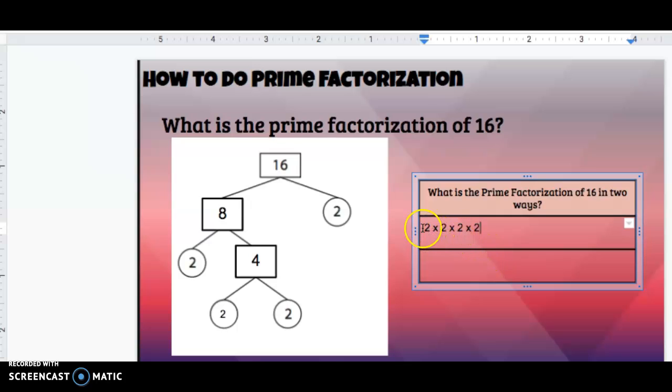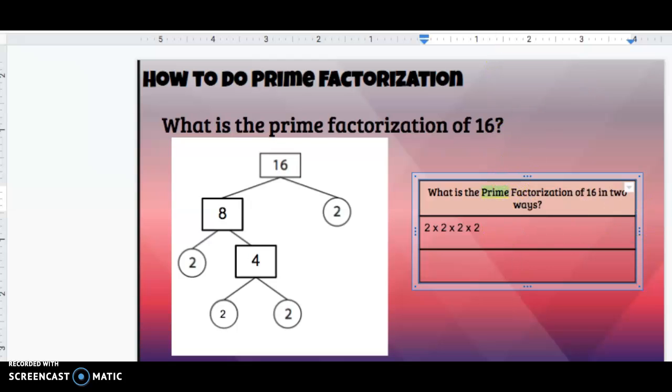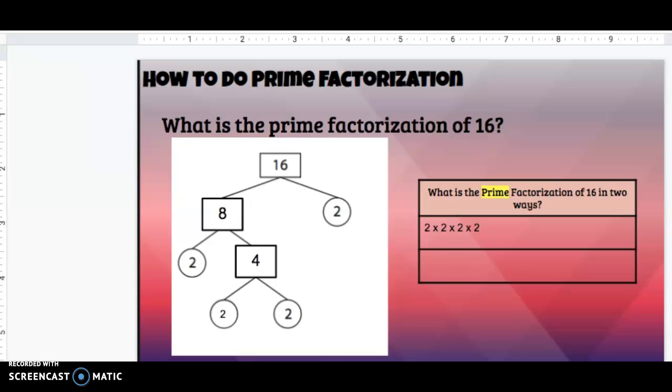Those are the numbers that we have circled, because we're only putting our prime numbers in the box. That is the most important thing you need to remember. You will not get this correct if you put composite numbers in there. You have to put the numbers you circle, and don't just circle any number. You need to circle the prime numbers.